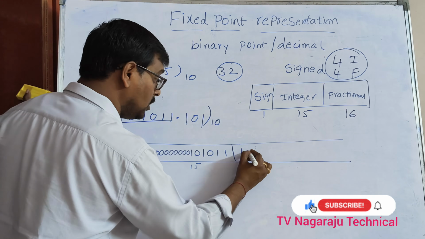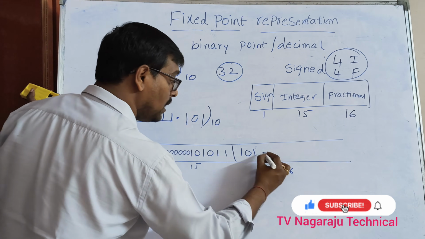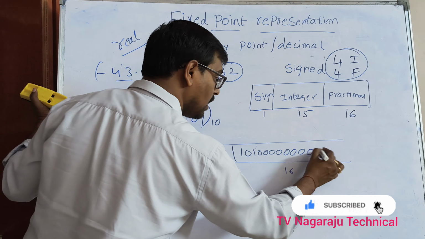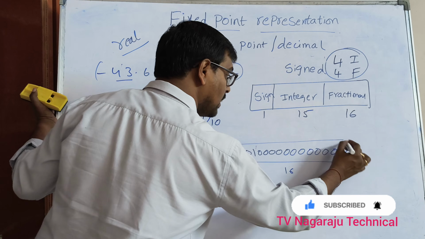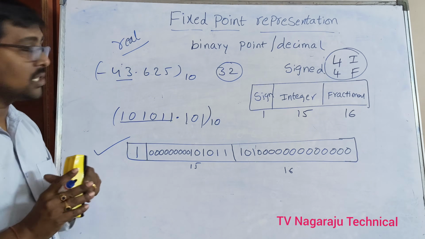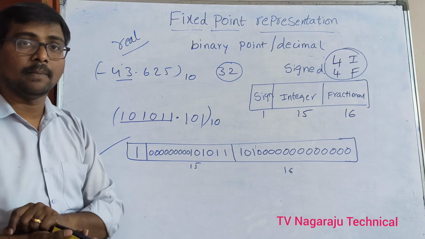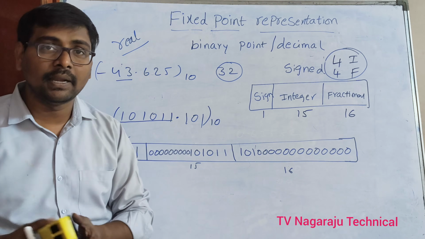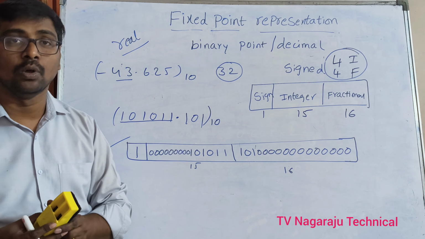And then 1, 0, 1 followed by zeros, counting up to a total of 16 bits for the fraction. This is the representation of fixed point numbers. Clear? By using this, we can do arithmetic operations also.